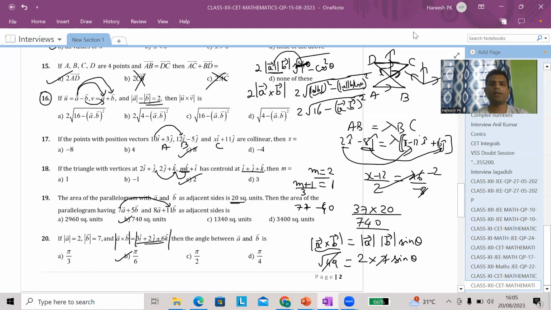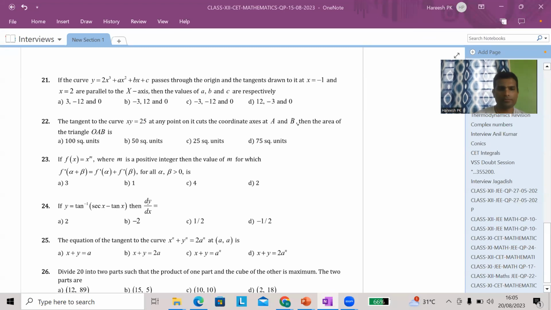Let's now look at the remaining questions from application of derivatives. The 21st question, they're saying this curve passes through the origin. So whenever a curve passes through origin, C has to be 0, right? And they're saying tangents at minus 1 and 2 are parallel to x-axis.